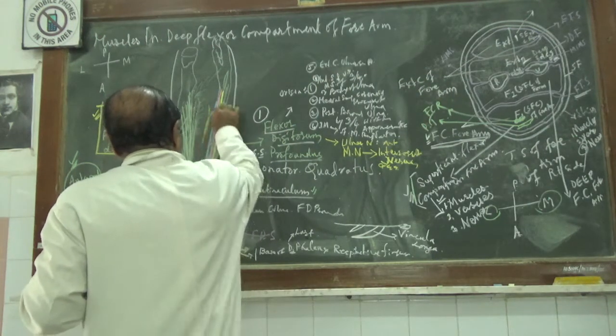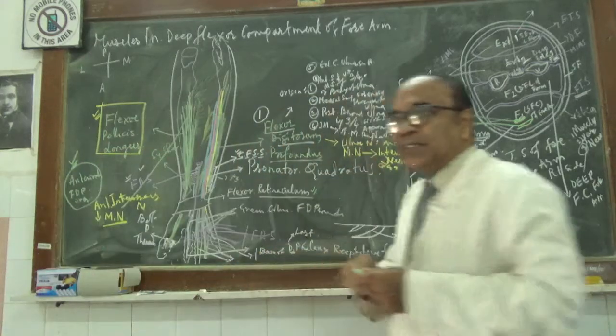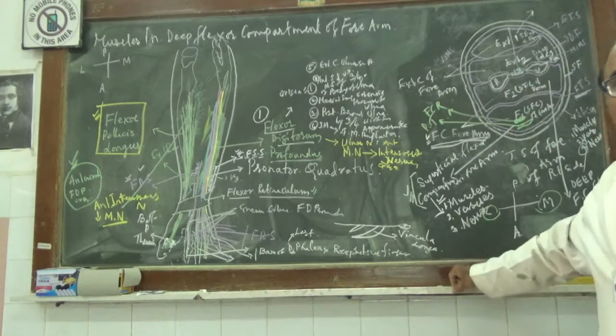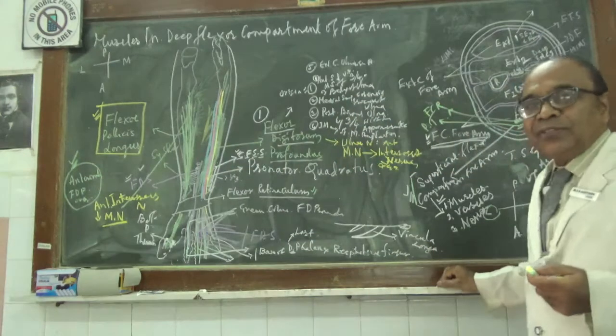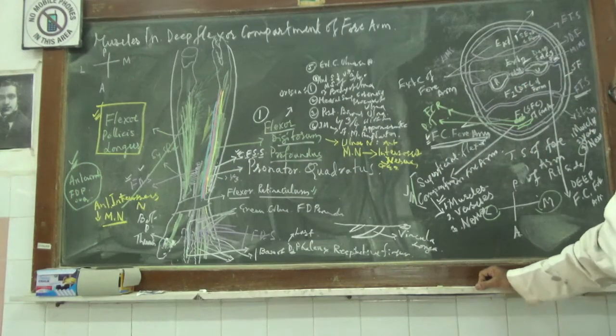The lateral part is supplied by the anterior interosseous nerve, a branch of the median nerve, but the medial part of flexor digitorum profundus is supplied by the ulnar nerve.